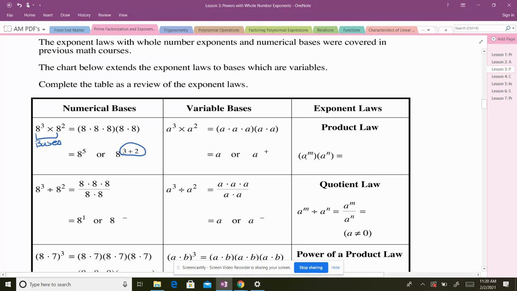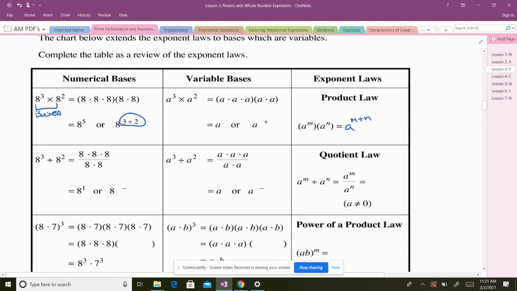So if I have a to the power of m times a to the power of n, that's a to the power of m plus n. As long as the bases are the same, you just add the exponents. Okay? This kind of summary here would be a good thing to have on your cheat sheet for the test. Okay?